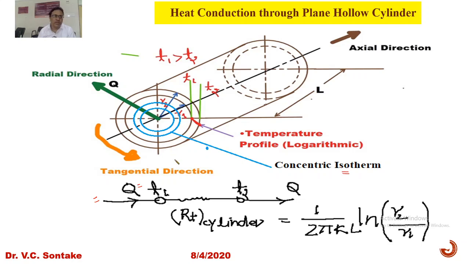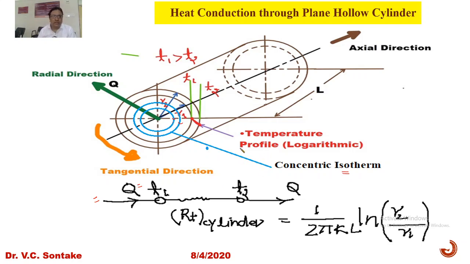Similarly, here, though temperature will be different from the previous one, along this circle, temperature will be constant everywhere. That is why they are called as isotherms. So the shape of the isotherms in case of plane cylindrical wall will be concentric circles. Please mind well. This is the first conclusion.